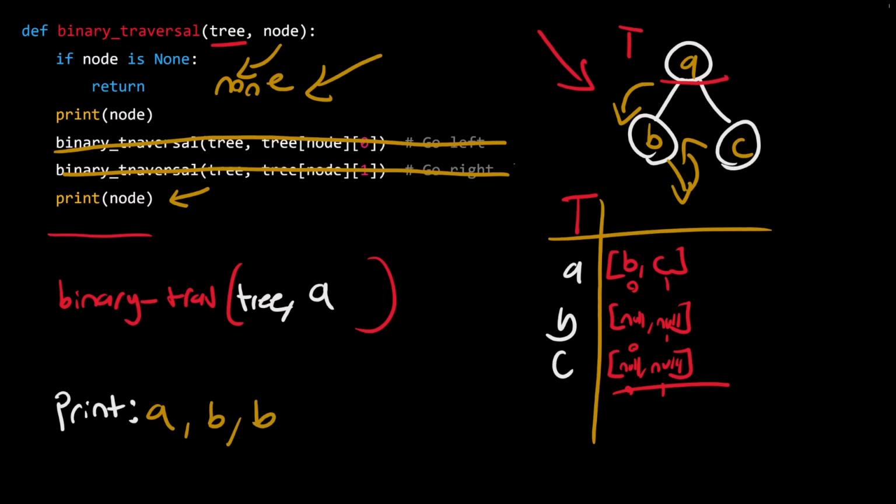So we print B. Now, you can pause the video to see if you can get how this print statement is actually going to unravel. So I'll pause for a moment. Okay, so now we come back from the left. And now A is on this statement. So we go down to the right.